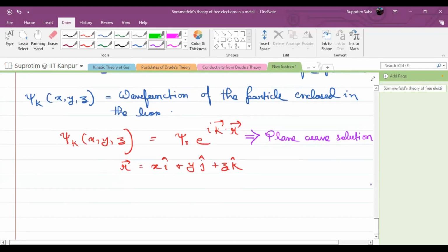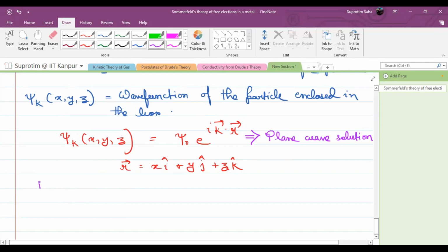Now, to find this multiplicative factor psi naught in front of it, we have to take the complex conjugate and multiply it. We normalize the wave function and do the integration. We multiply it with the complex conjugate of psi k and we integrate over the whole space.